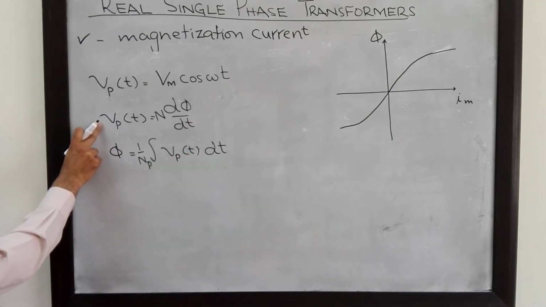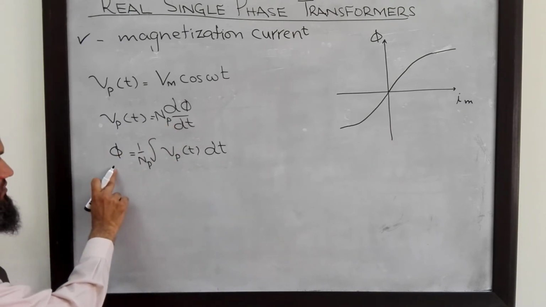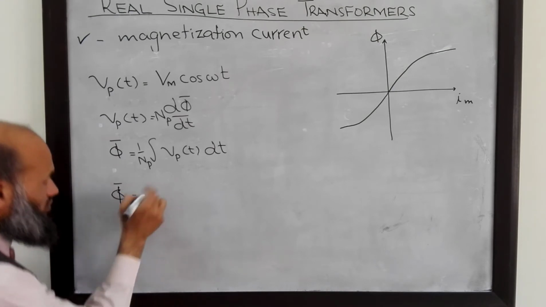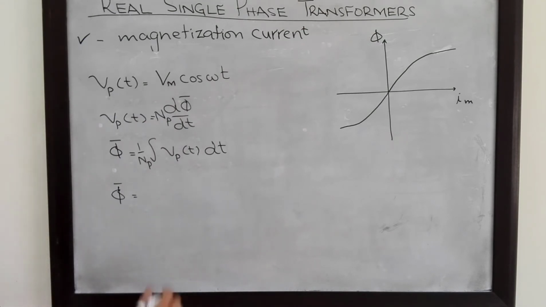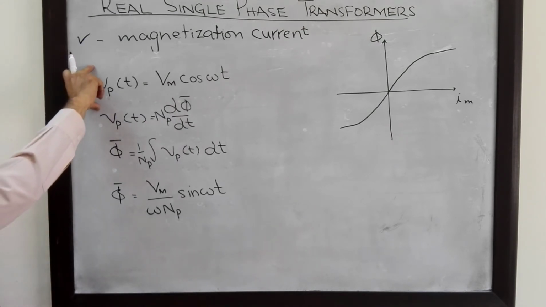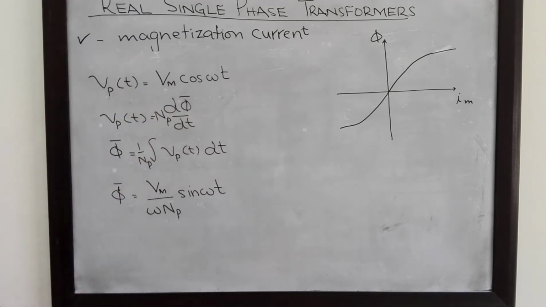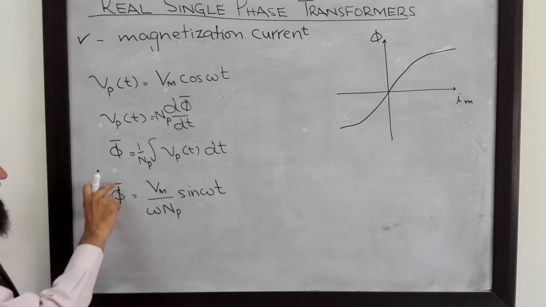If we integrate both the sides, and Np is the number of turns on the primary side, we have this expression. If a different amount of flux is linking with different turns of the coil, we can also incorporate that effect by taking the average flux. Therefore, this φ bar, by integrating, with Vp being Vm cosine of omega t, we have this. So if we apply this sinusoidal voltage with peak value of Vm to the primary of the transformer, this much flux will be flowing in the transformer.